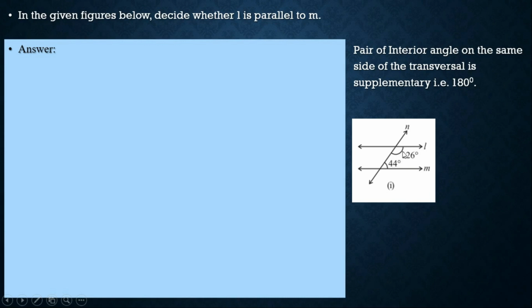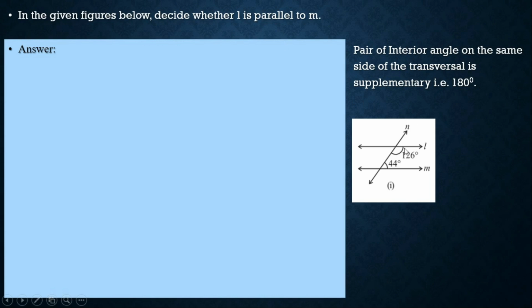For that, we have to add these two interior angles and check if the answer is 180 degree or not. If the answer is 180 degree, then we can say that these two lines are parallel lines. If the sum of these two angles is not equal to 180 degree, then we cannot say that these two lines are parallel lines. Now let us see the solution for this.